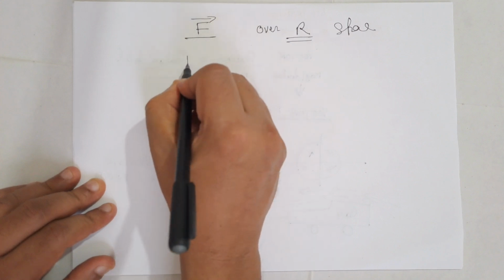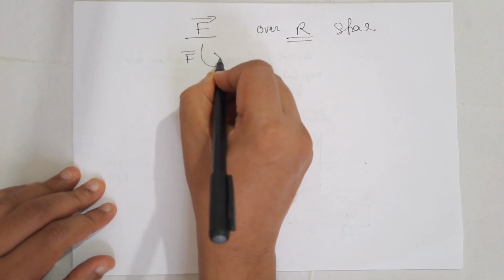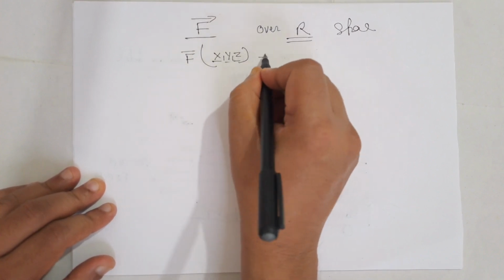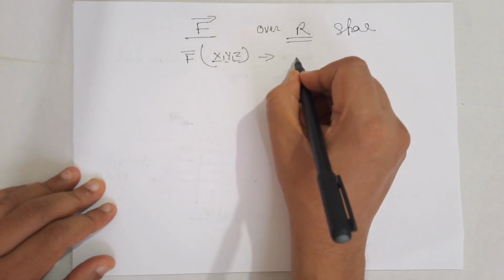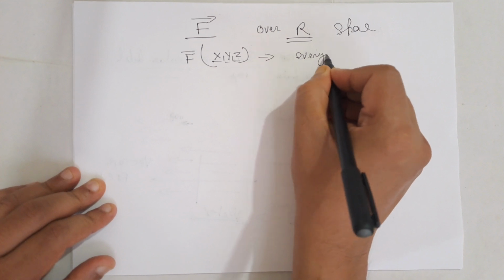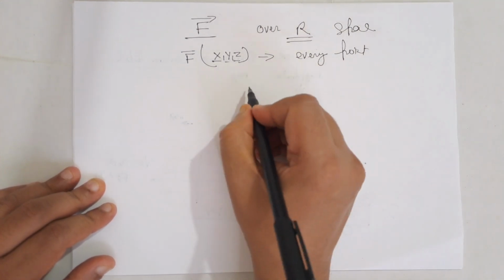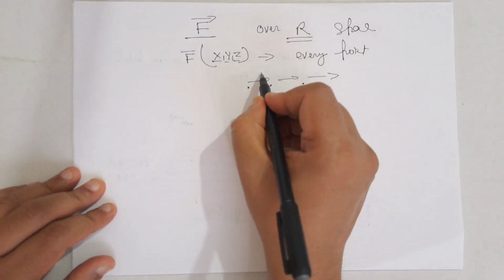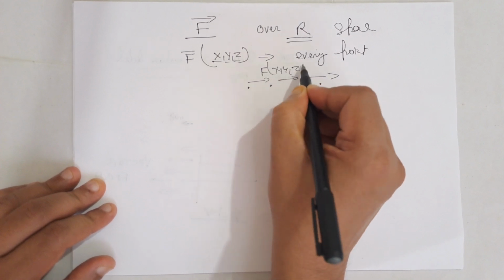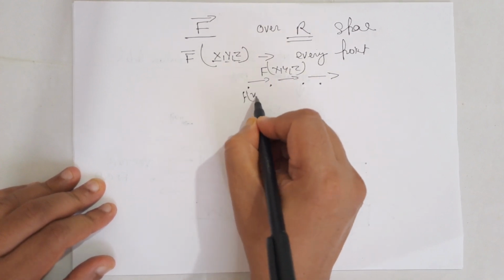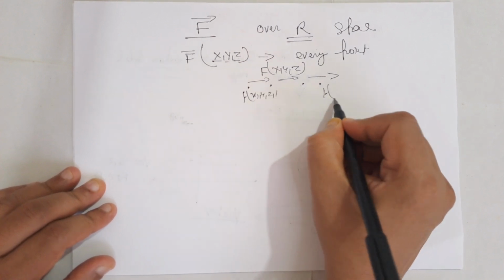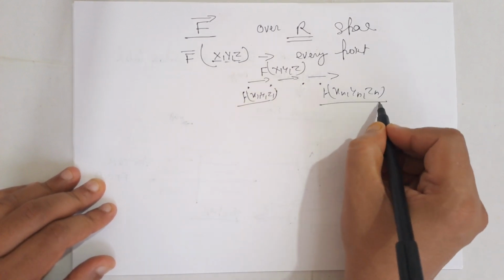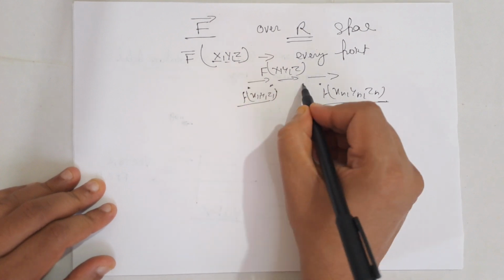So f is the vector field and it is a function of three variables x, y and z, and this f is different for every point. If f(x, y, z) is the vector field, then f(x1, y1, z1), ..., f(xn, yn, zn) is the vector field at each point.